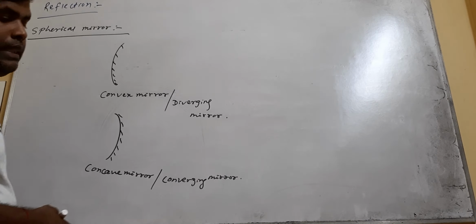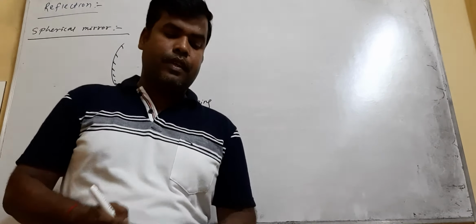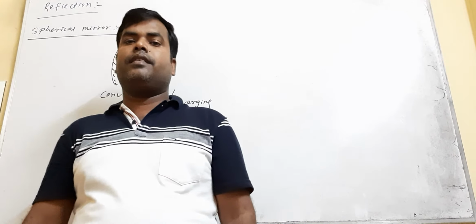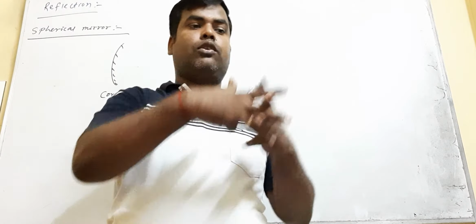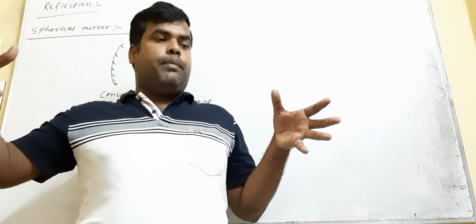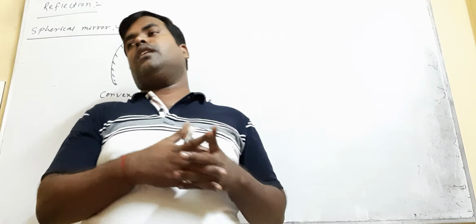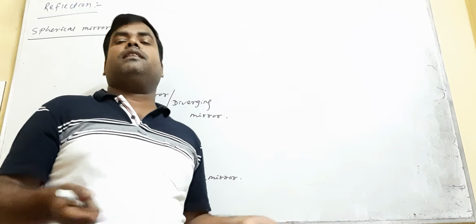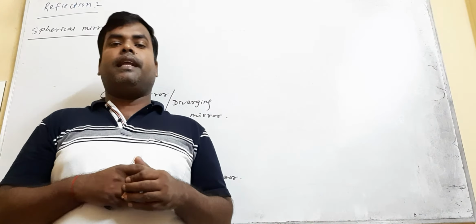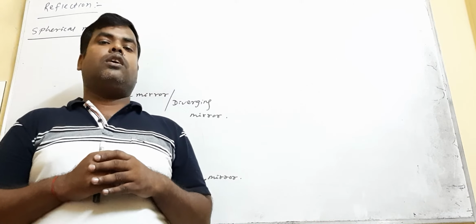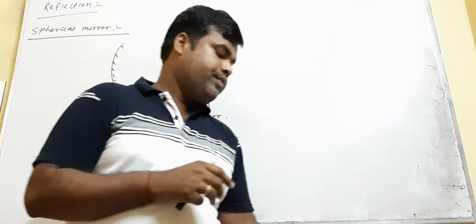What is converging and what is diverging? After reflection, if the reflected rays actually meet each other at a point, or if they go towards each other, then it is called converging. After reflection, if the rays go away from each other, that is called diverging.